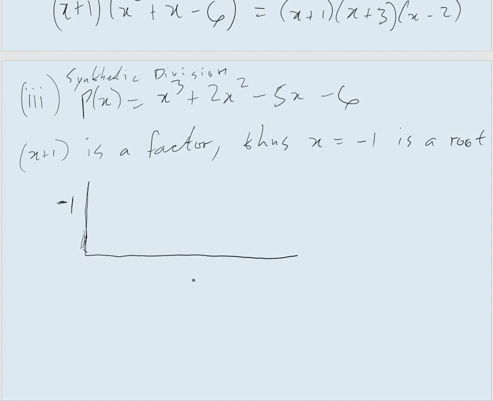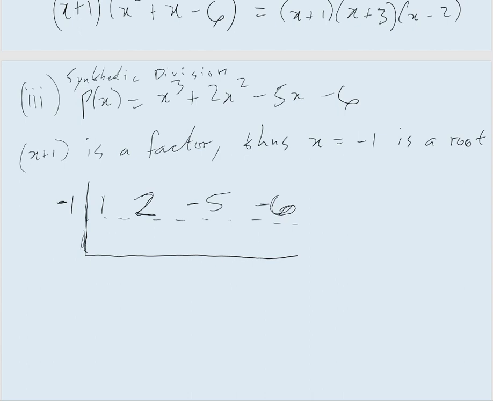And now we're going to write the coefficients on the first line. I left space here, so imagine that there's a line there. So I'm going to put all the coefficients of our polynomial. So it's 1 from the x cubed, 2 from x squared, minus 5 from x, and then minus 6.